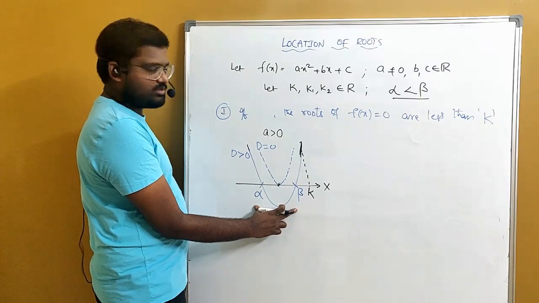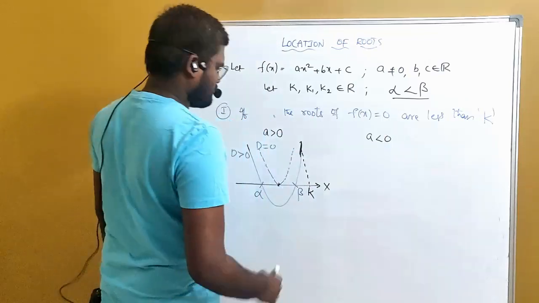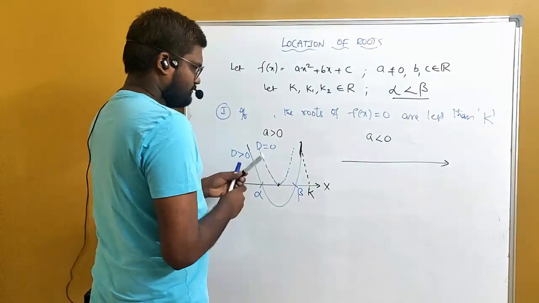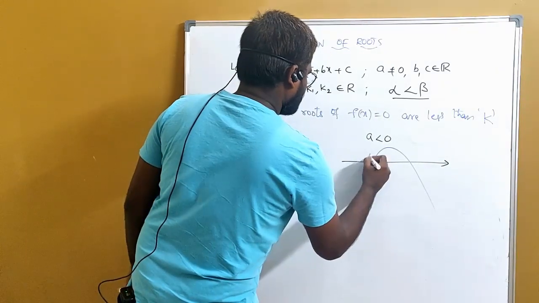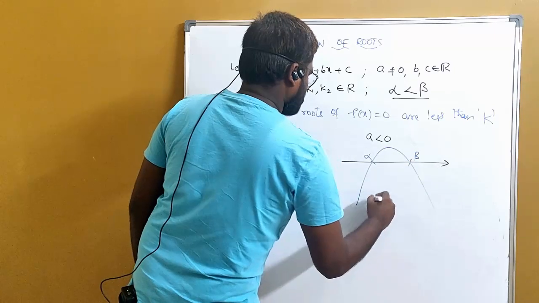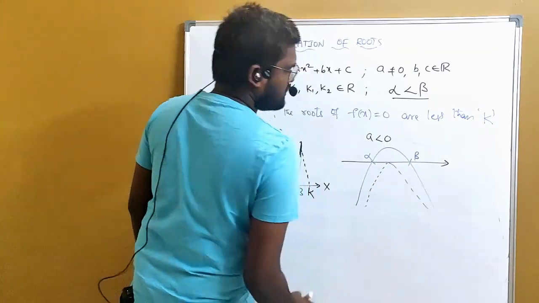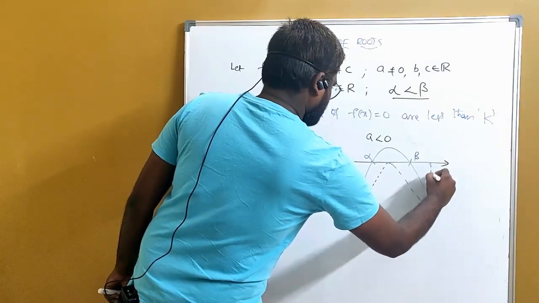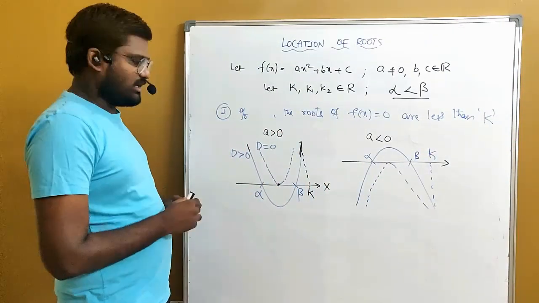Similarly, if I consider a less than 0, it could be something like this. This is alpha, this is beta, and roots can be equal also. Again, this will be the number k because both the roots are less than k.